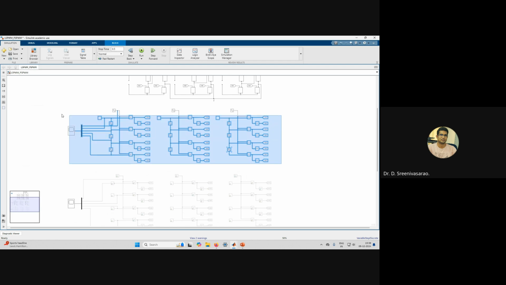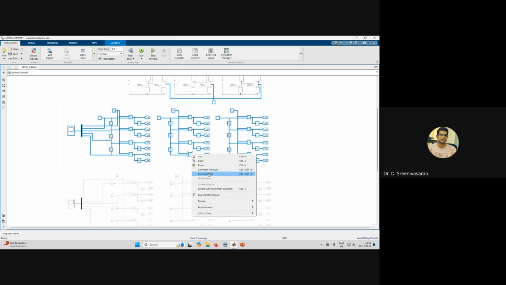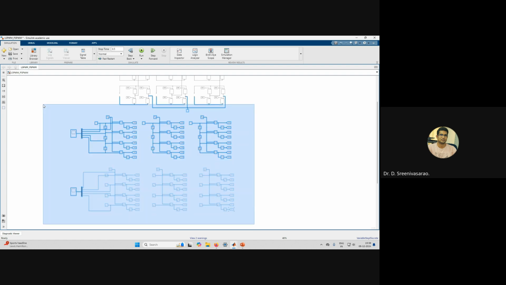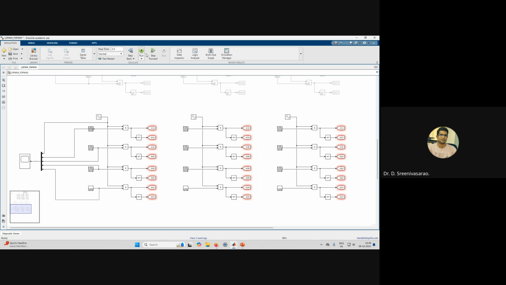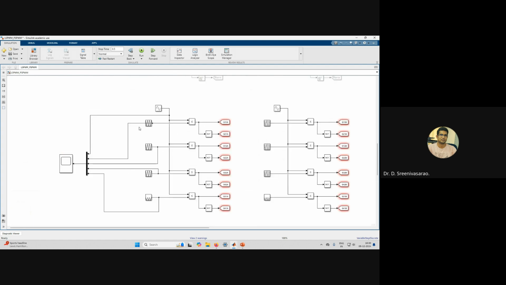I will just uncomment this one. So this is a level shift PWM technique.